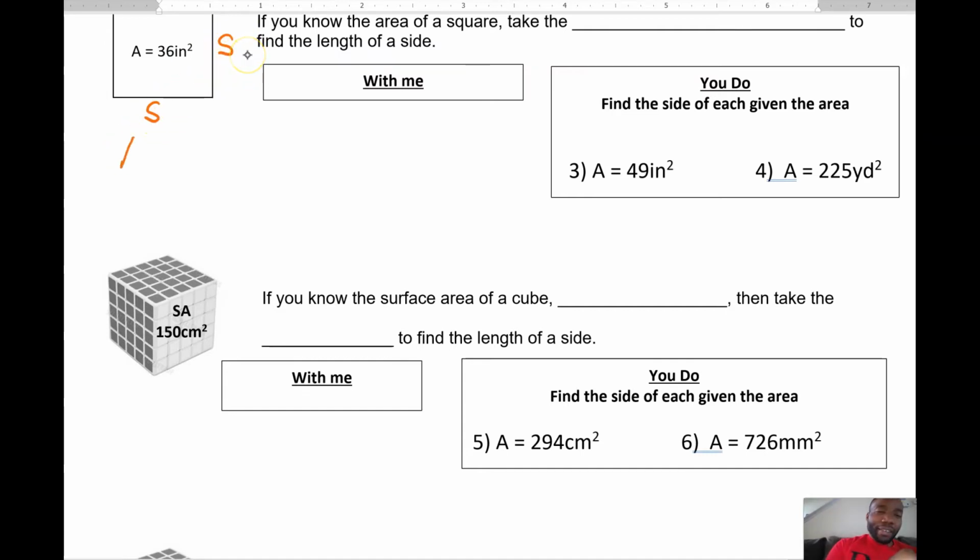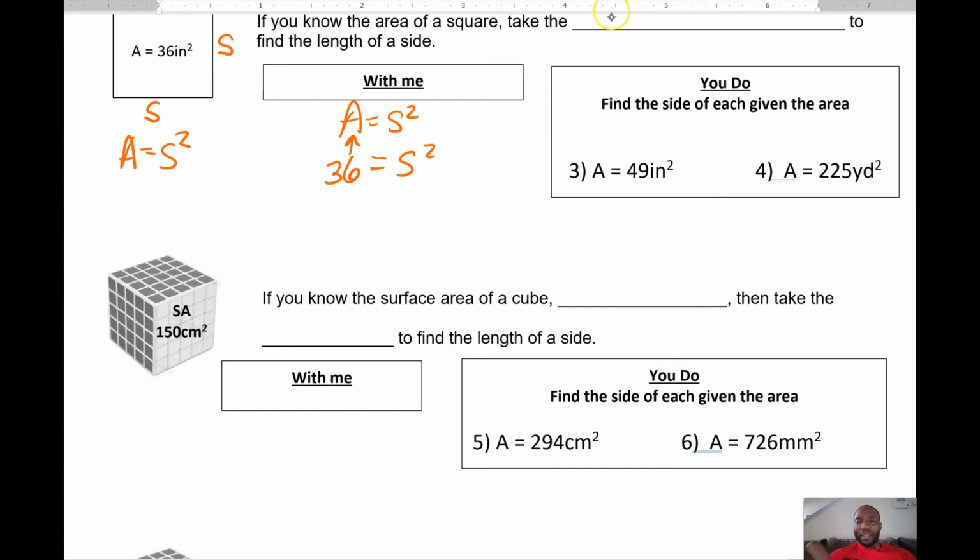But area is equal to side squared. So if I know the area is 36, I want to find the side. How do I find the side?